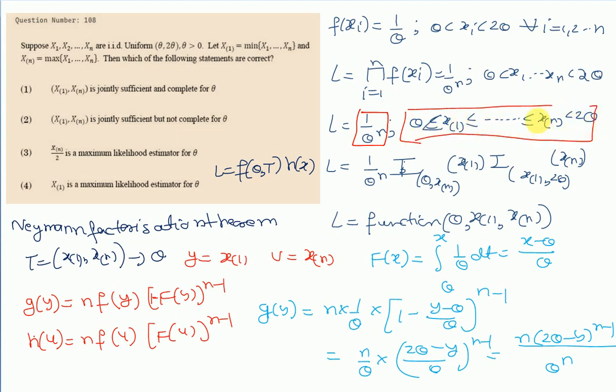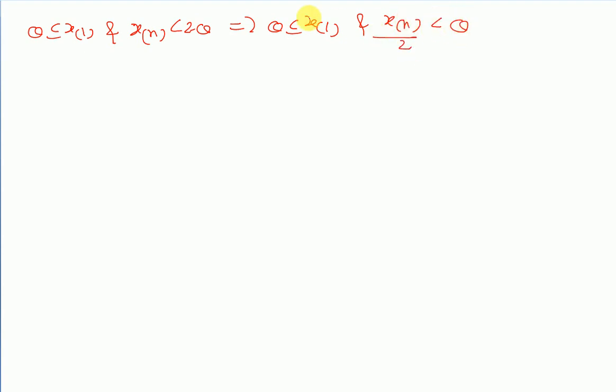When this condition is satisfied, then only we will get our maximum value of likelihood. And what does this condition give us? This condition gives us theta is less than x1 and xn is less than 2 theta, or we can say theta is less than x1 and xn upon 2 is less than theta.